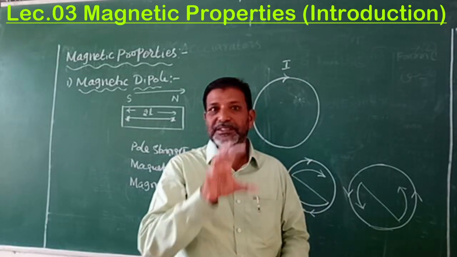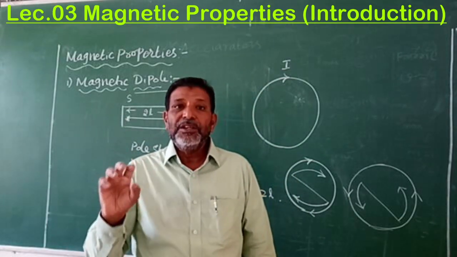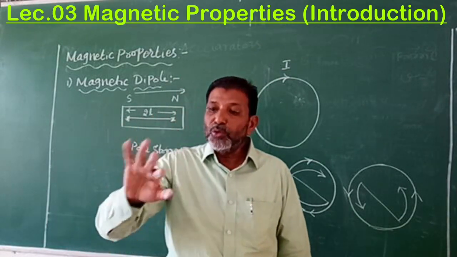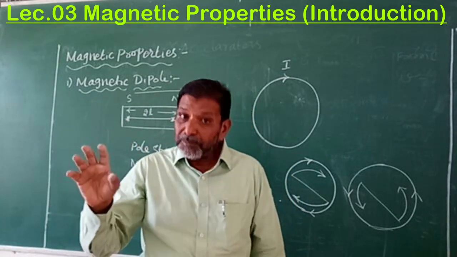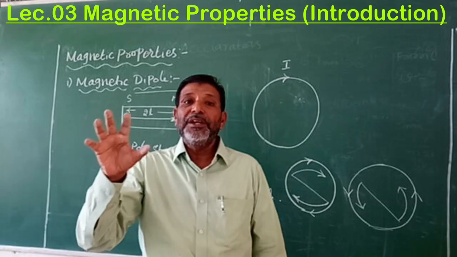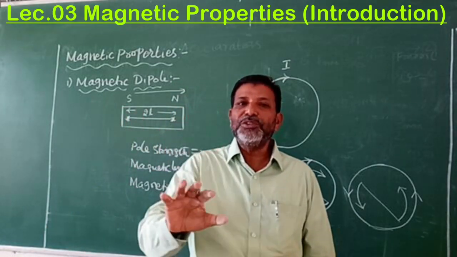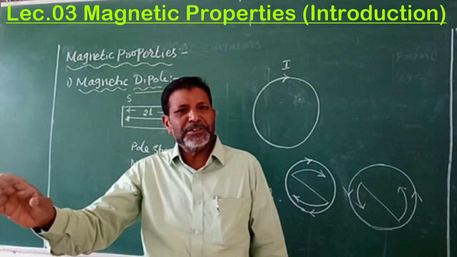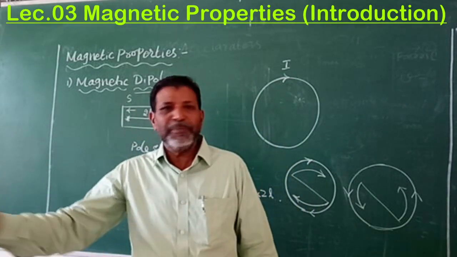Listen here, seriously listen. In electricity you have two unlike charges, positive charge and negative charge, and at the same time you can get them separately. Negative charge is the electron; independently you will get electron.